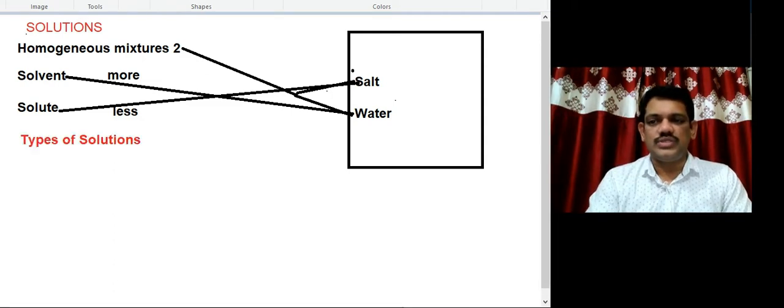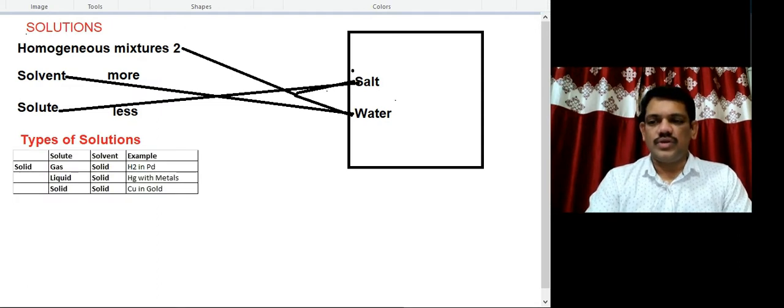After knowing what is solvent and what is solute in a solution, let's see the different types of solutions available. The first type is solid solutions.